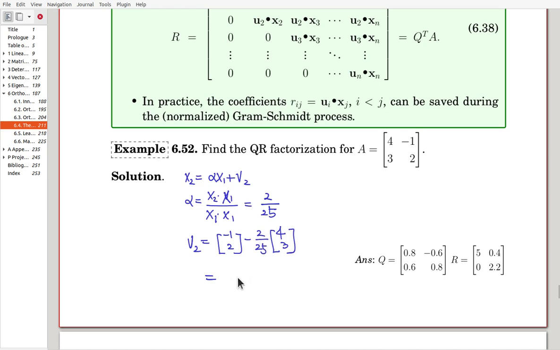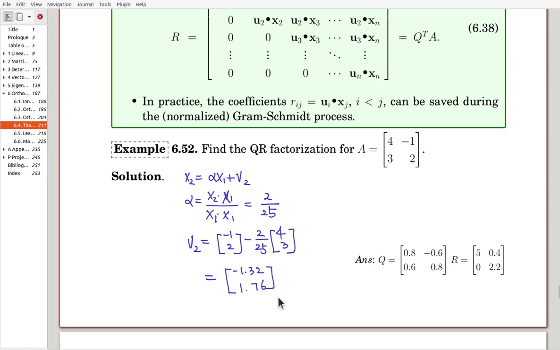So here -1 minus 8 times 4 is 32, so that is -1.32. And 8 times 3 is 24, and 2 minus 24 gives 1.76. Right?